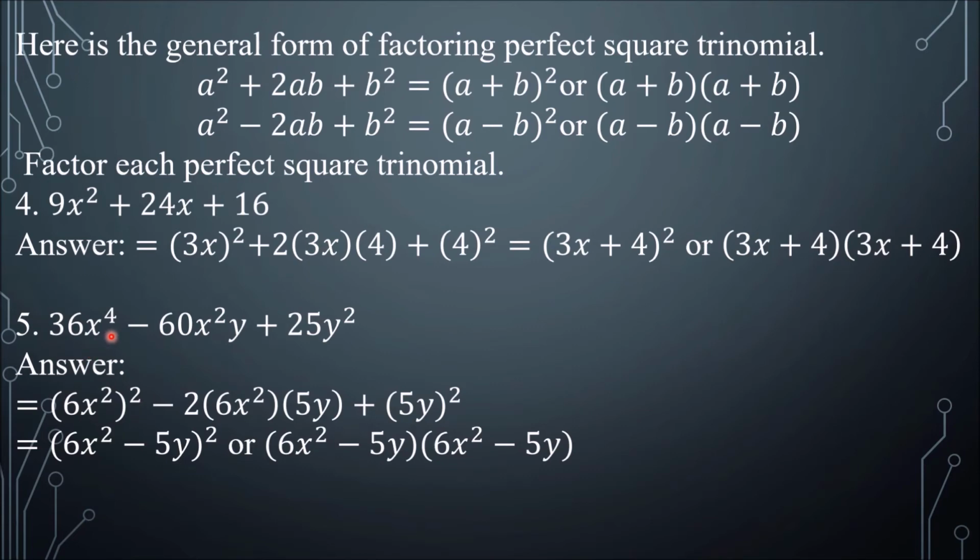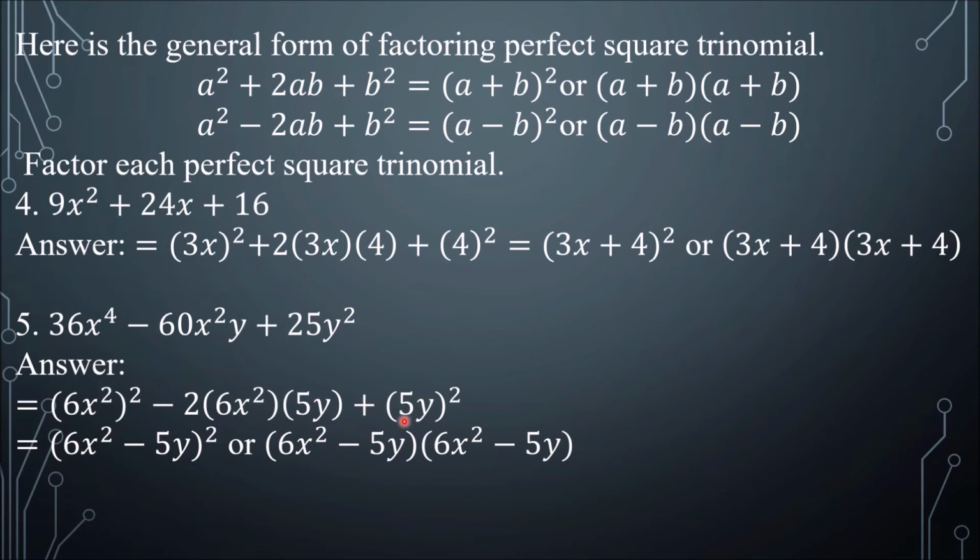Again, this is minus, so 2 times 6x squared. In order to get 60x squared y, we need to multiply this by 5y. So 2 times 6x squared times 5y is equal to 60x squared y. Now, this 5y will be used in the last term, (5y) squared, in order to get 25y squared.